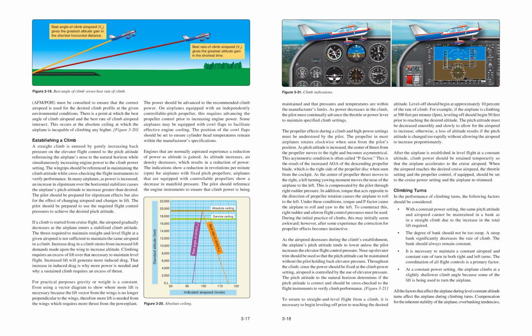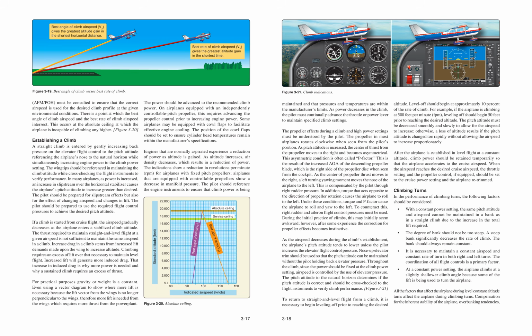Best angle of climb versus best rate of climb. The AFM/POH must be consulted to ensure that the correct airspeed is used for the desired climb profile at the given environmental conditions. There is a point at which the best angle of climb airspeed and the best rate of climb airspeed intersect. This occurs at the absolute ceiling, at which the airplane is incapable of climbing any higher. Figure 320. Establishing a climb.